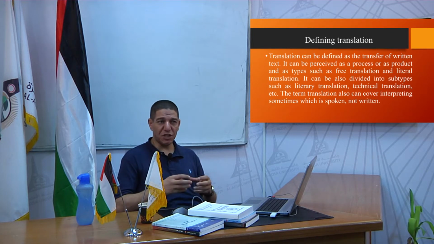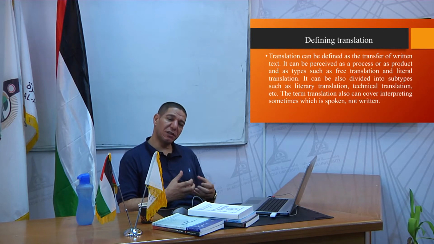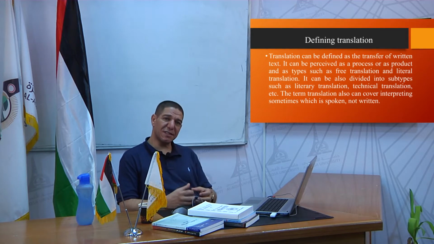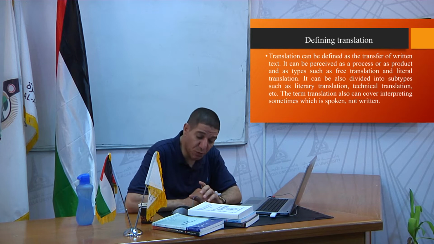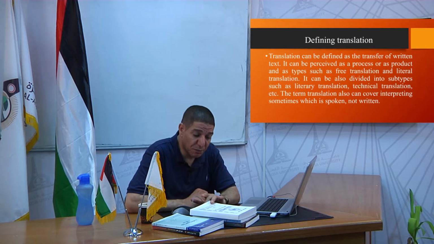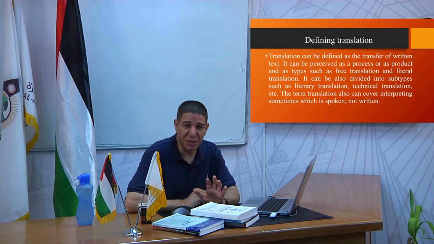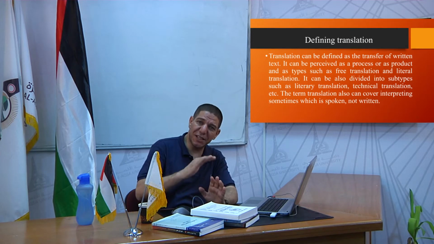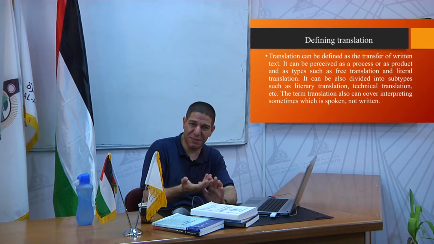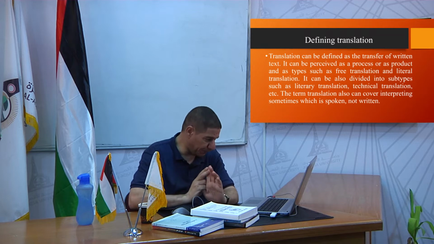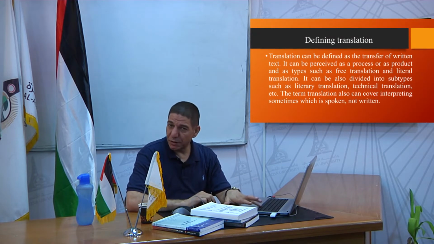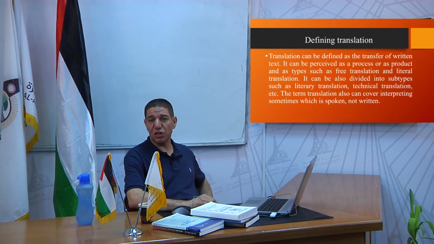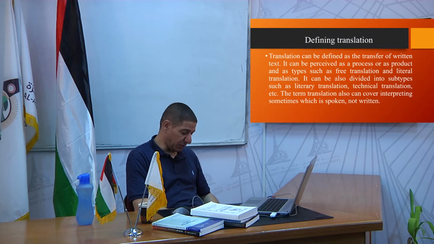An oral communication exchange rendered into the other language is called interpreting, not interpretation. Some people use interpretation, but you need to know that interpretation has to do with explanation, exegesis, hermeneutics. Okay? So, interpreting has to do with oral translation, not text translation.